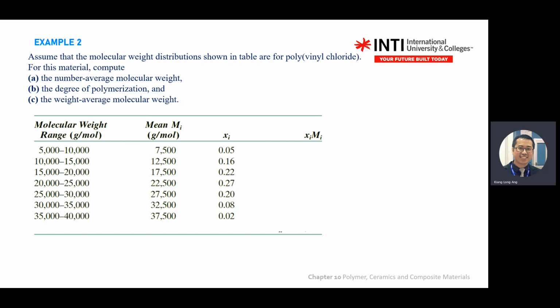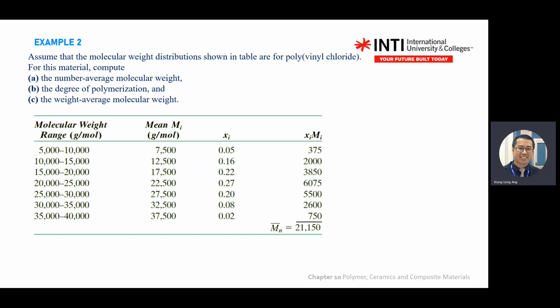Then you get XiMi, which means you take the mean multiplied by Xi, you get the product of XM. So you get 7,500 multiplied by 0.05, you get 375, right?